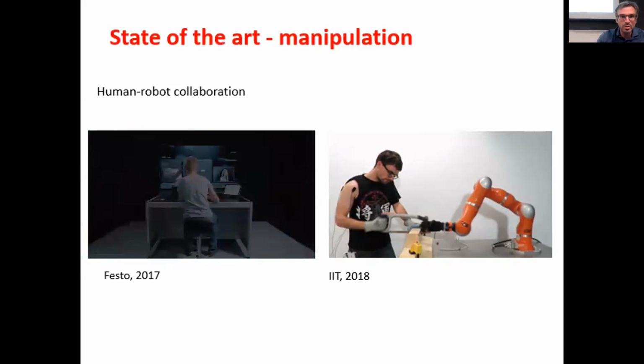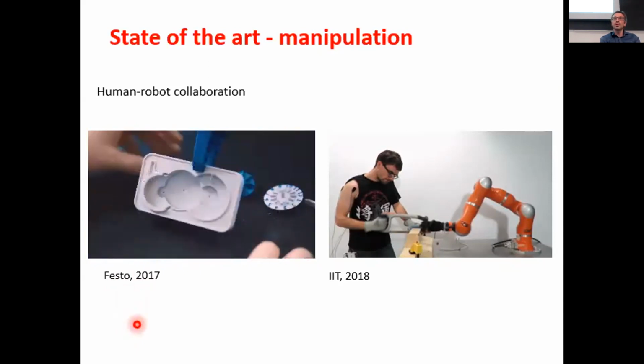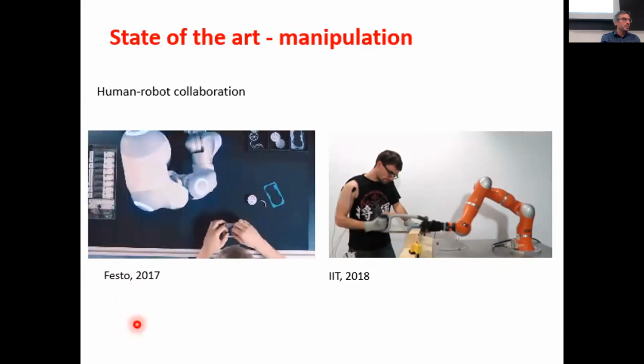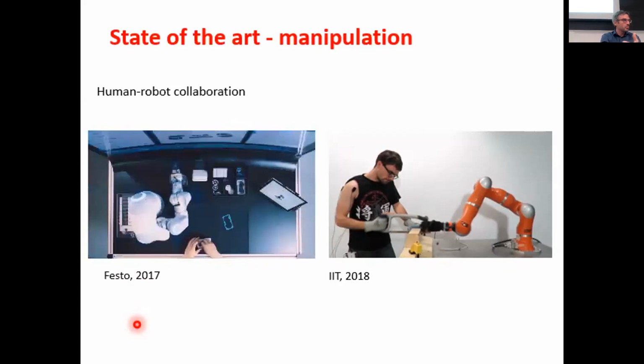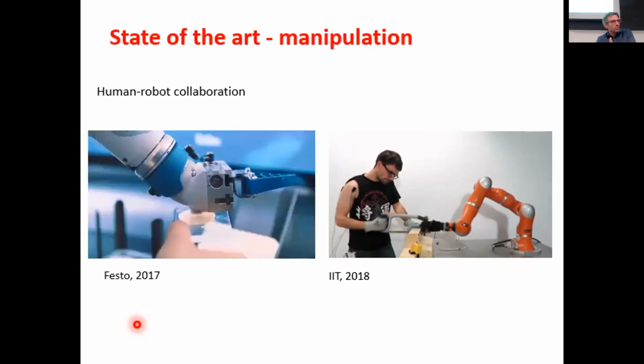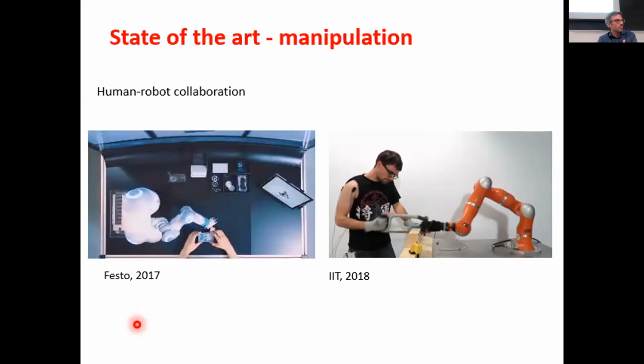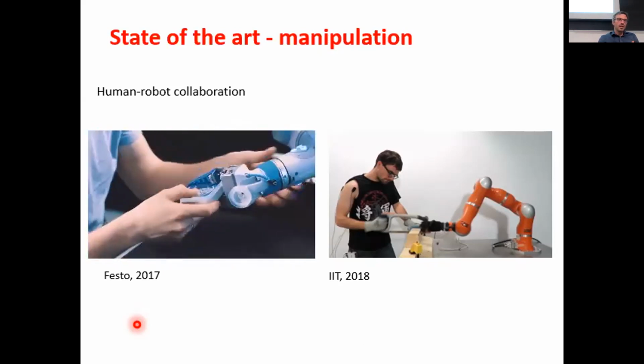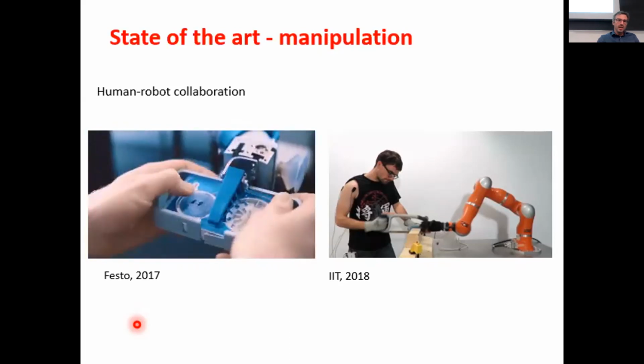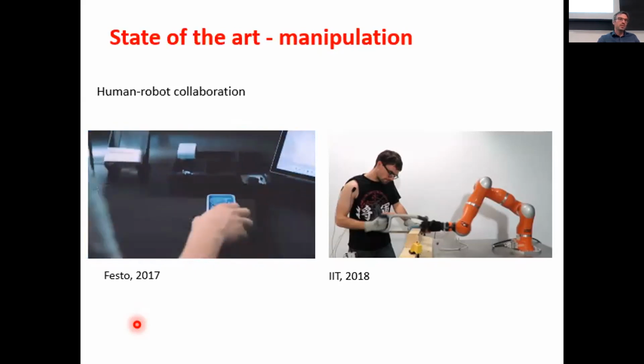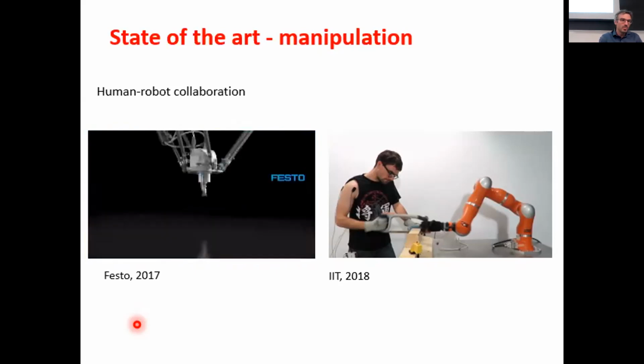To do so, we need to introduce two important topics that are safety and compliance. The robot should not be completely rigid, because if it gets into contact with the human, it should be able to comply, be soft and give way from its predefined trajectory. And safety, because in case of contact, it should not harm the human.